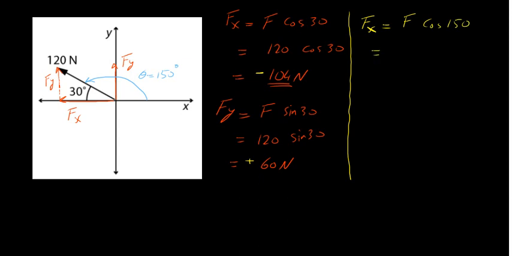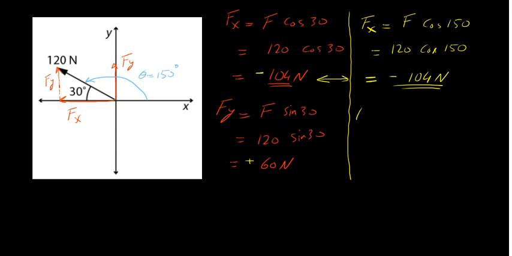Now it will be 120 multiplied by cosine 150. And if you do that in your calculator and you put 150, the calculator knows that you are located in quadrant 2, and it will give you a negative 104 Newton. Same. See? It will give you the exact value.